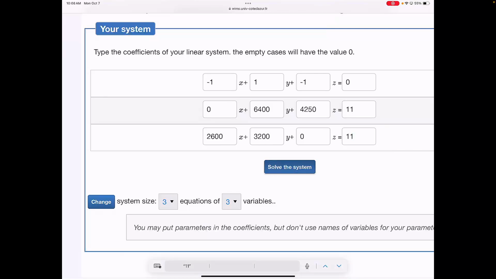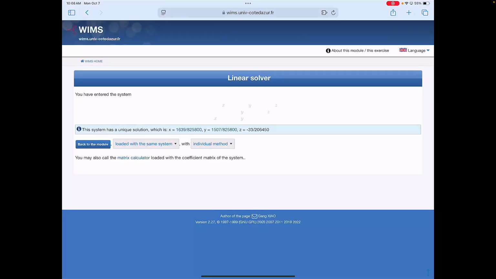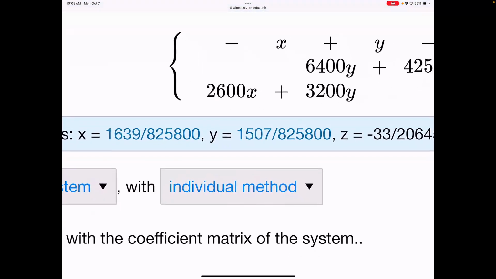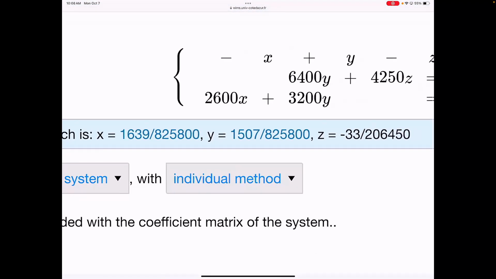All right, solve the system. All right, it gave me numbers. Annoyingly, always as a perfect fraction or whatever it wants to do. So we'll just quickly do that in the calculator. 1639 over 825,800.